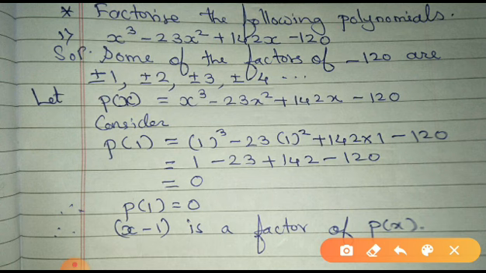So I have written factors of minus 120. No need to write all the factors, just some factors. And usually for your level, p of 1, or p of minus 1, or 2, or minus 2.